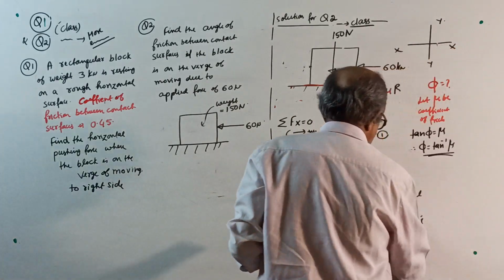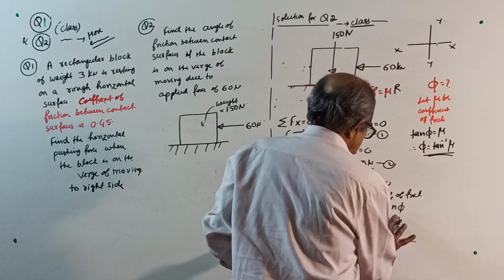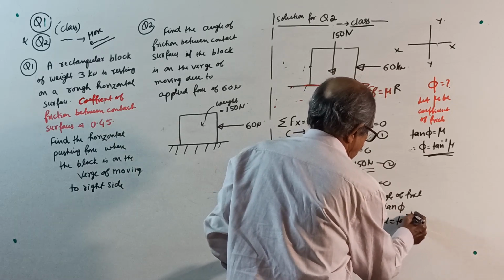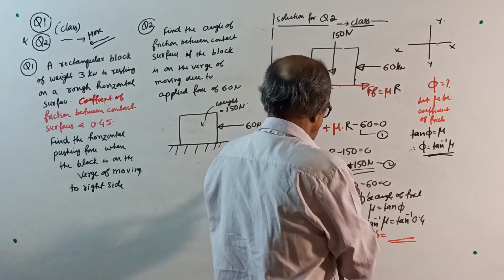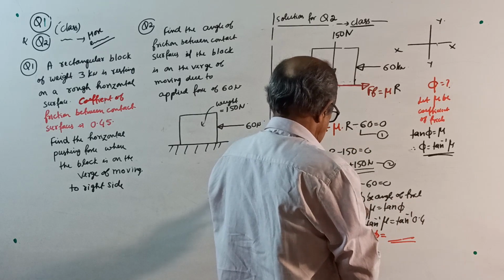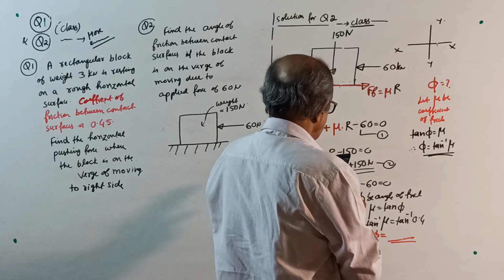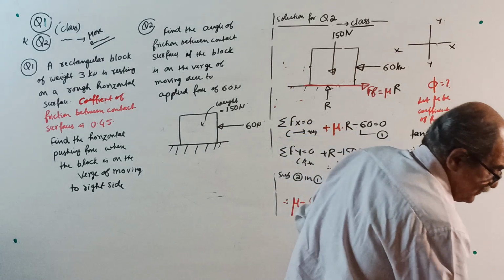I am dictating tan inverse of 0.4. Shift tan inverse 0.4, in degrees, gives 21.8014 degrees.